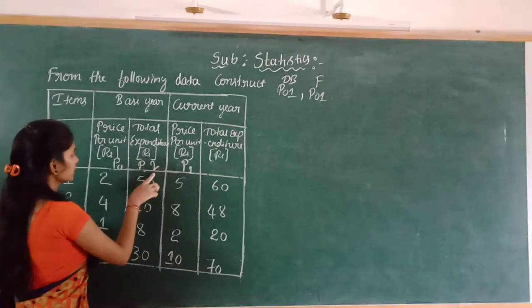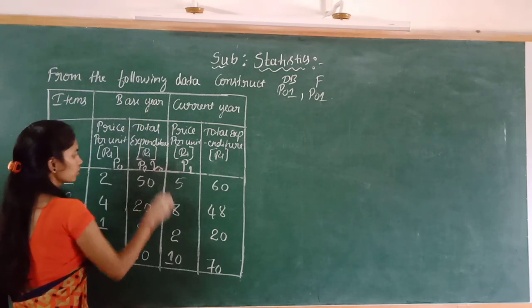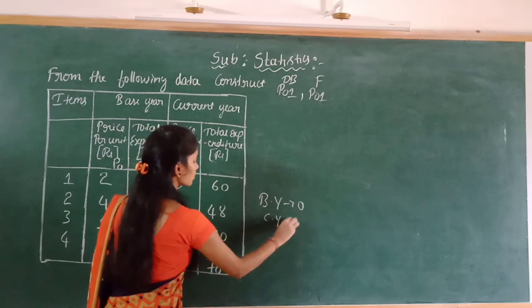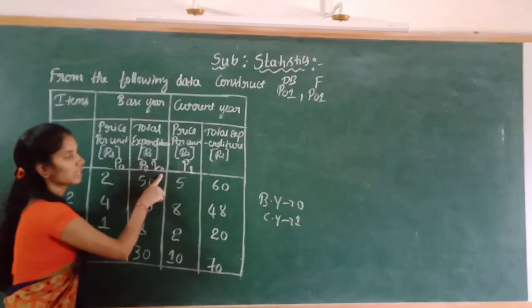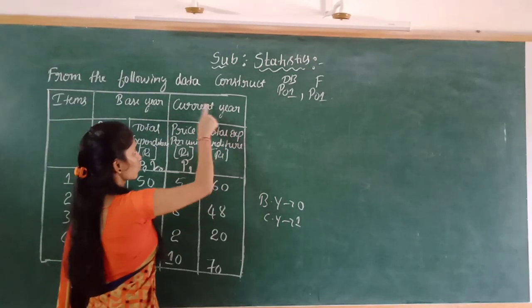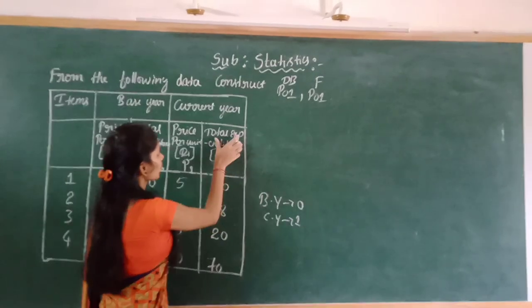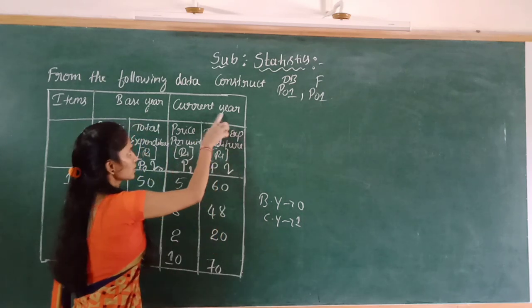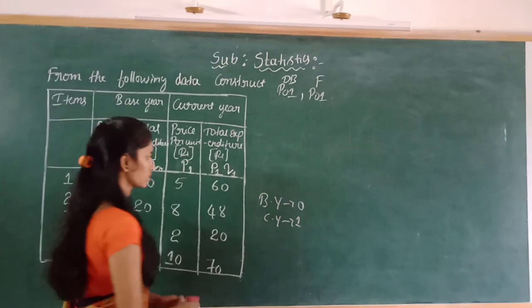For both price and quantity the base year is naught. As we know, base year is denoted as naught and current year is denoted as 1, so for the current year total expenditure you have to write both P, Q with 1.